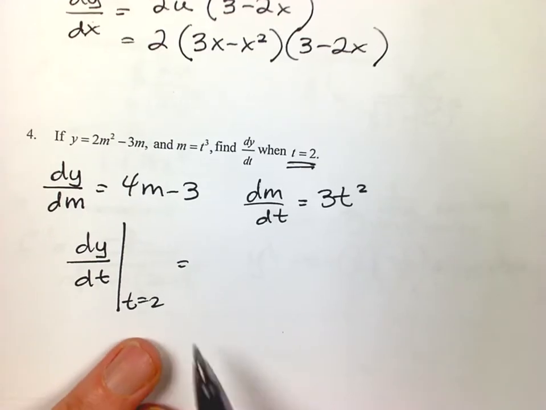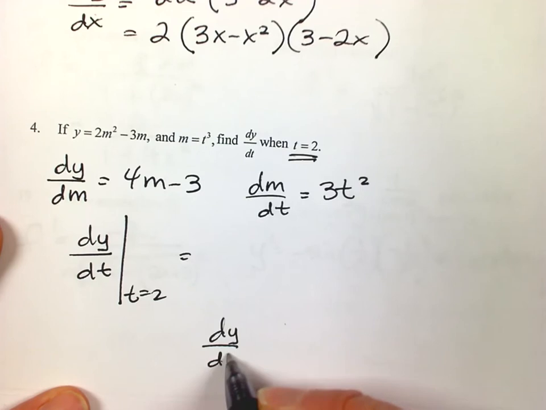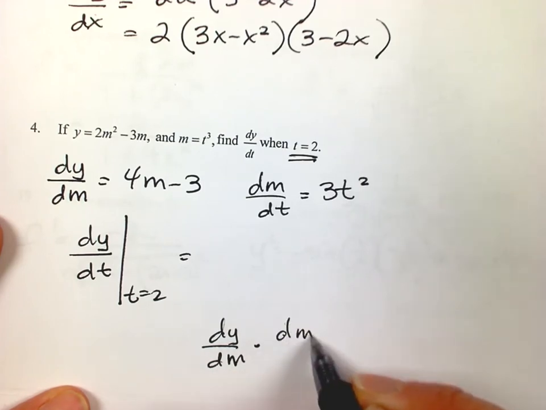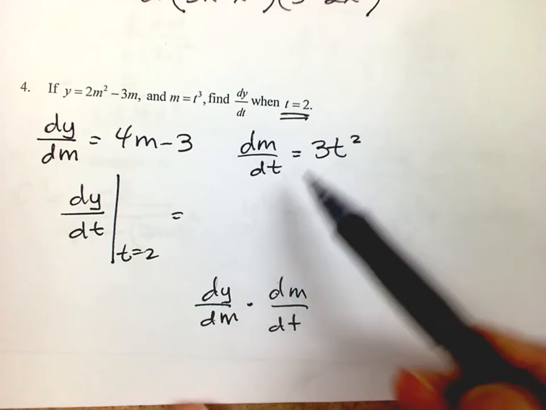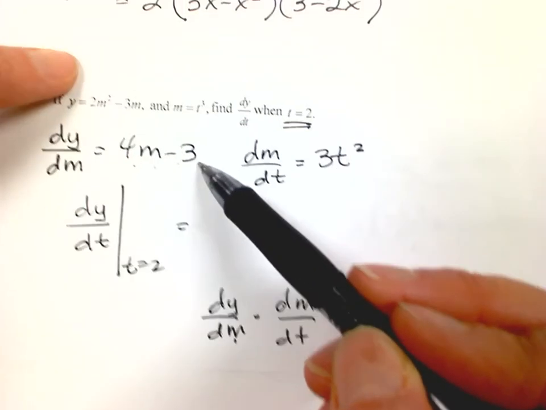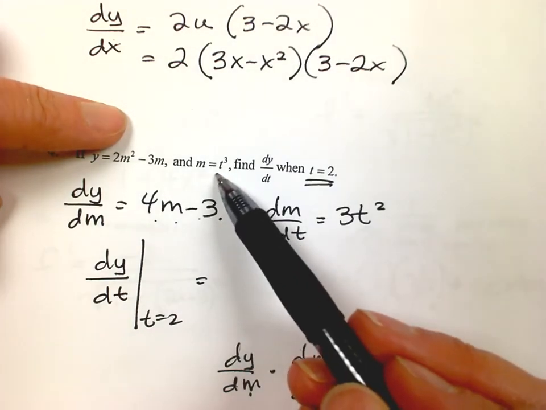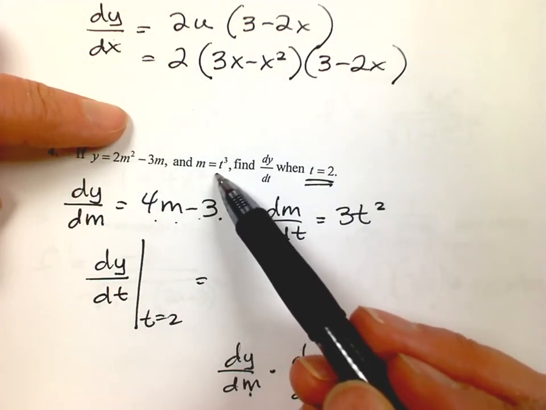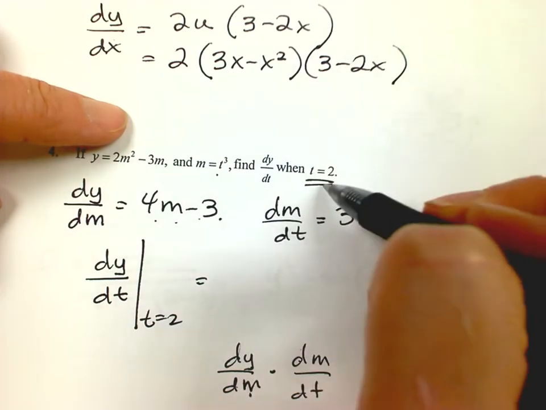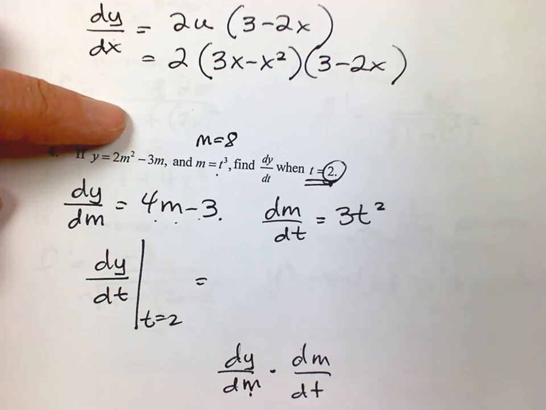So if I substitute in, I'm going to take dy/dm times dm/dt. But I know dy/dm would be 4m minus 3. Well, can you figure out what m is? So if I know t is 2, isn't m equal to 8?